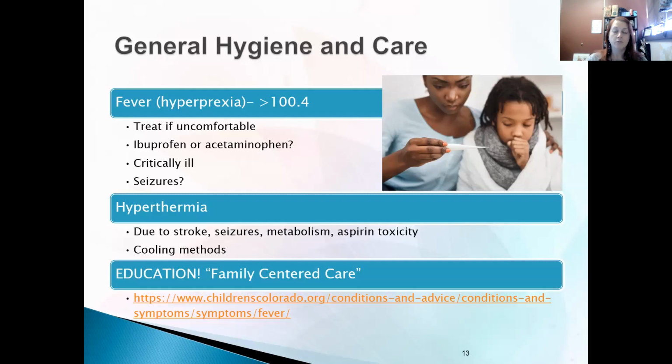Now, the concepts with fevers in kids. If you have a kid that has a cold and they have a fever and they are running around and playing and eating and drinking, it's okay for them to have a fever. Fevers mean that our immune system is responding to an underlying disease process and working to correct it.